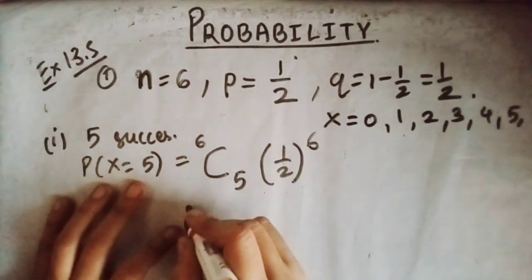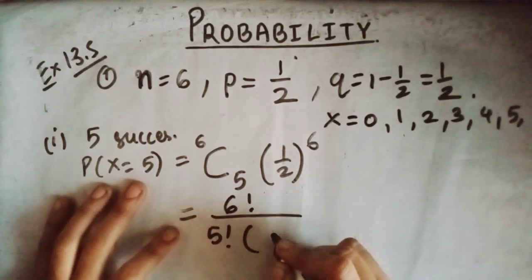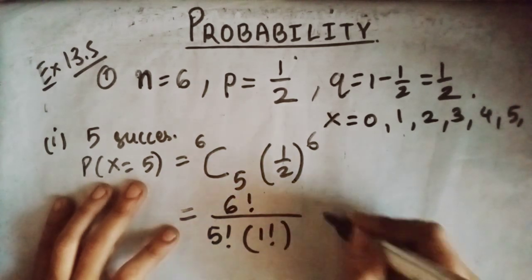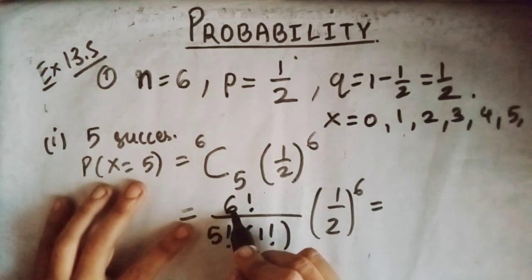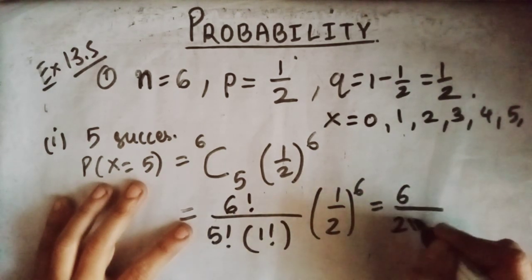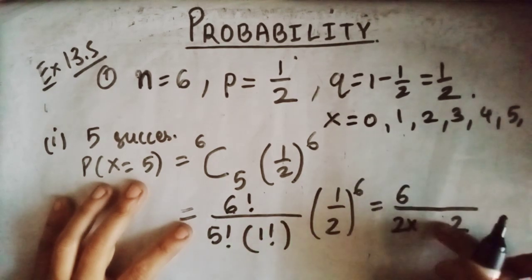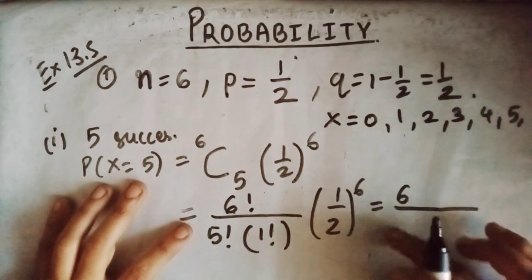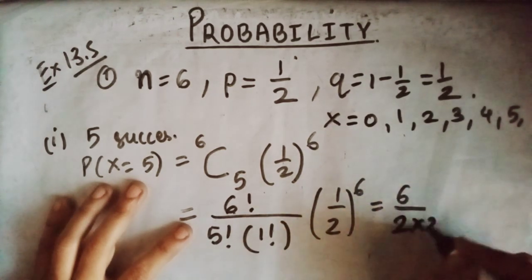So we get 6 factorial upon 5 factorial, 6 minus 5 is 1 factorial. 6 factorial you can split into 6 into 5 factorial, so it will be 6 only, upon 2 into 2 into 2, you can write it as 2 raised to 6. 2 raised to 6 is 2 into 2 raised to 5.